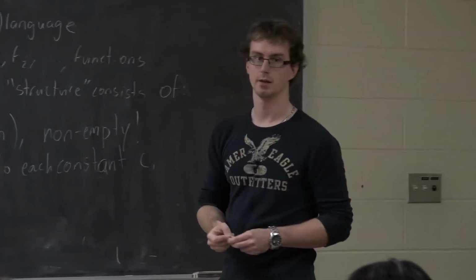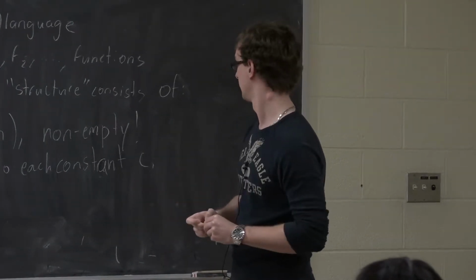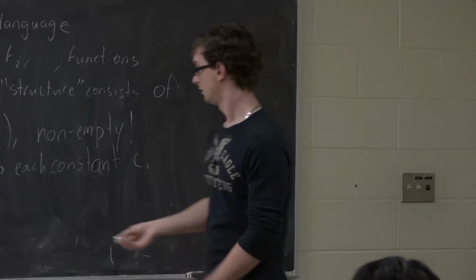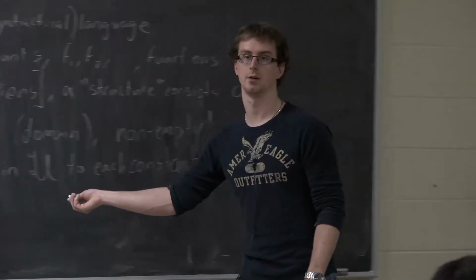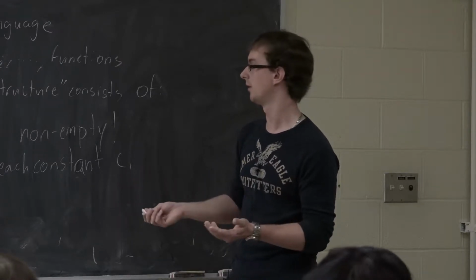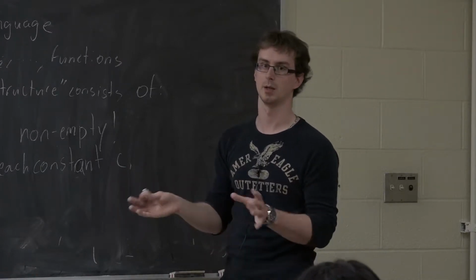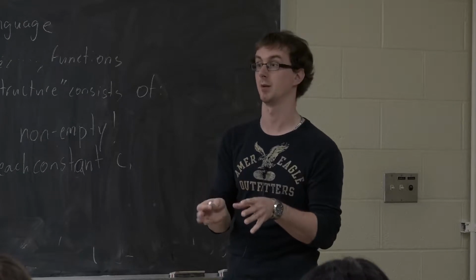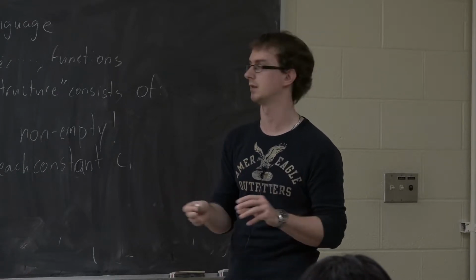Okay? And technically, according to this, you can have two different elements in our universe, both with the same label. That's fine. Really, all the constants are doing are labeling particular elements in our domain that are special or that we're interested in.